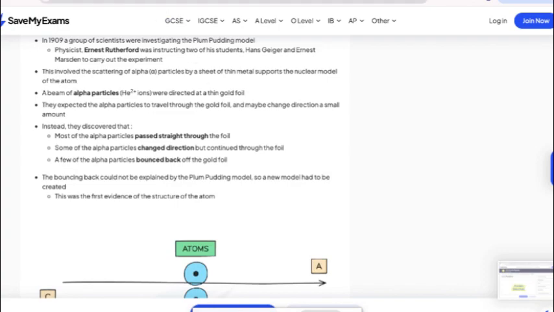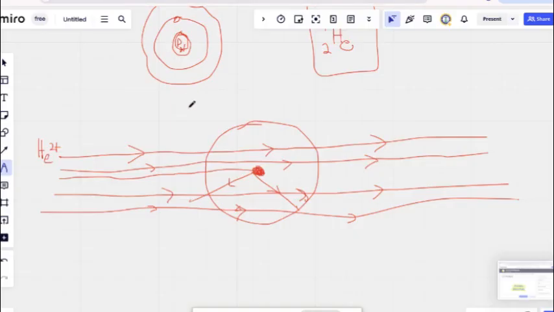They bend, like maybe they fire here and then they went like this, or they went down like this, or bounced this way. So some of them changed direction.